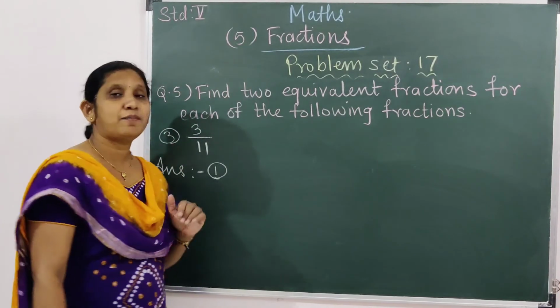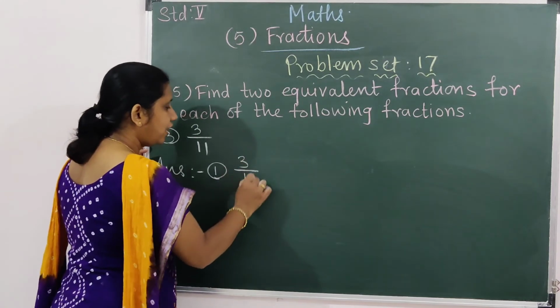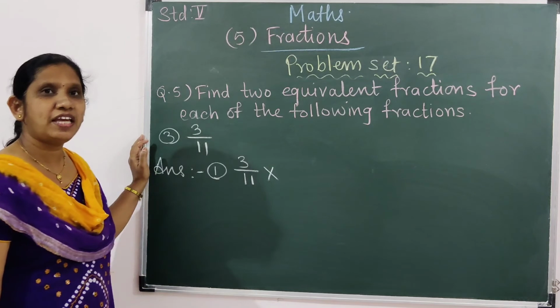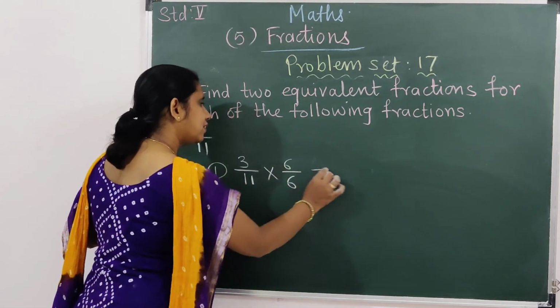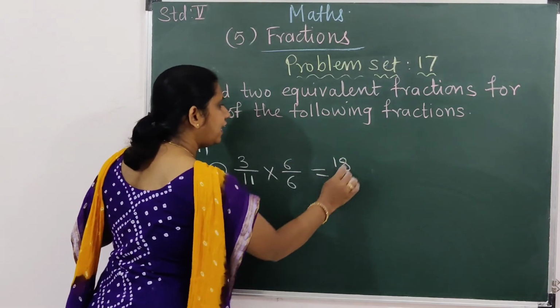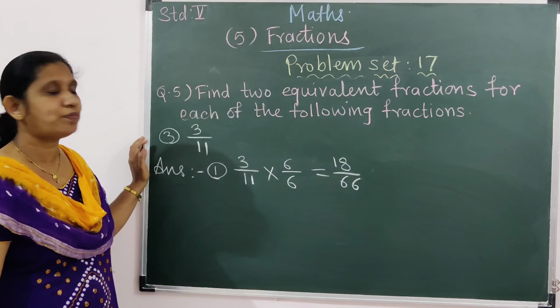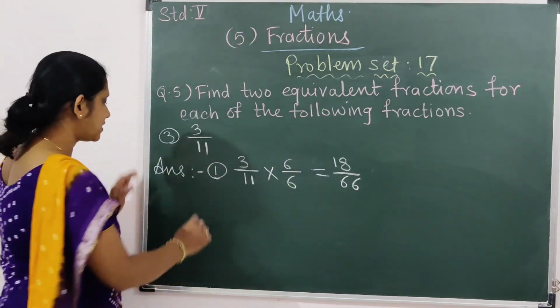Students, see the third fraction given is 3 upon 11. Okay, in here I am going to multiply using 6. 6 3s are 18, 11 6s are 66. So the equivalent fraction of 3 upon 11 is 18 upon 66.